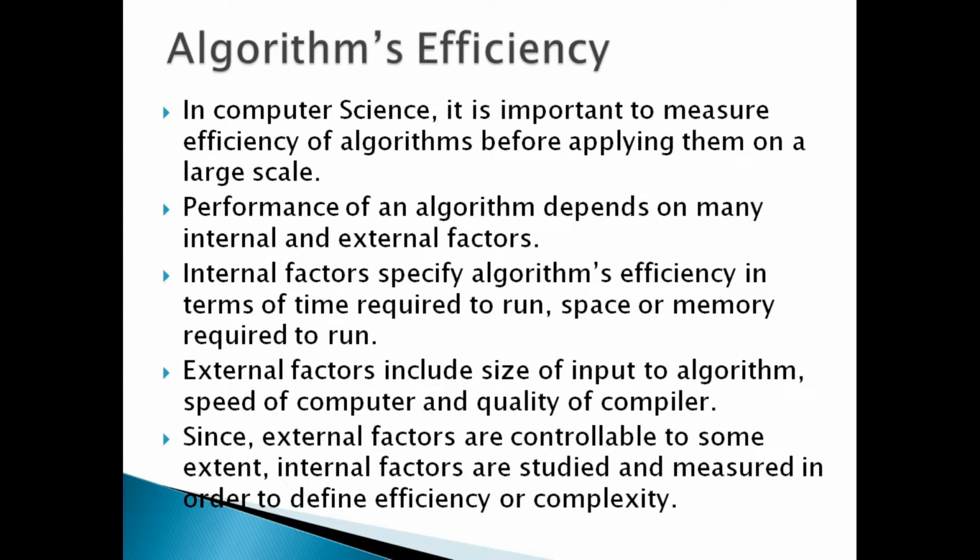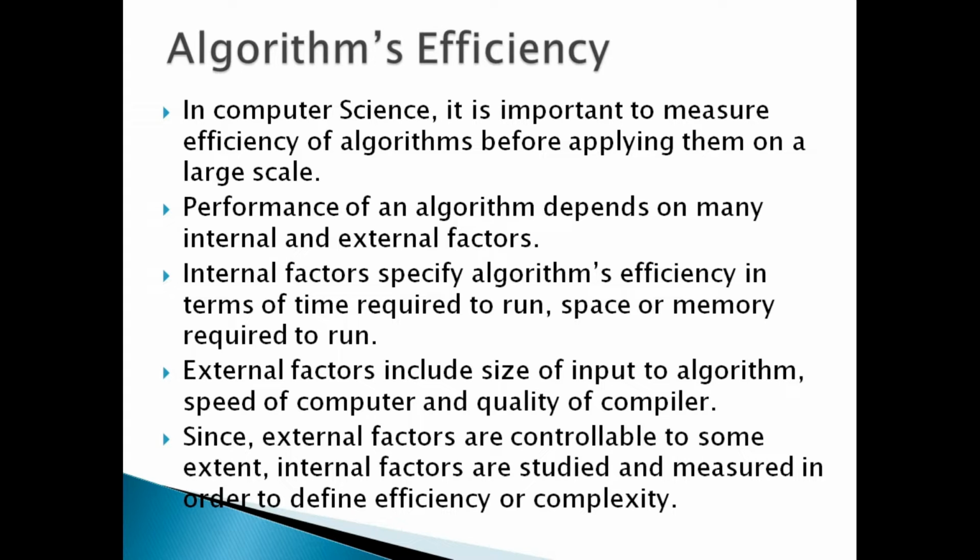External factors also include the speed of the computer in which you are running that algorithm. If it is a fast one, it will take less time. And the quality of the compiler that you are using. There can be different compilers for running that algorithm, so the quality of that compiler also matters. It comes under external factors. But the external factors are controllable to some extent.